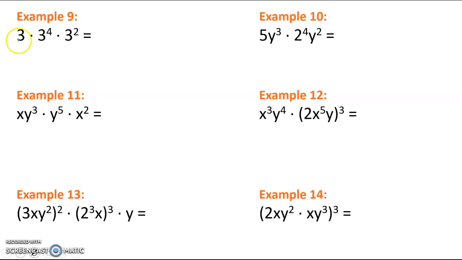So example number 9, I got 3 times 3 to the 4 times 3 to the 2nd. Well, again, I am basically just multiplying these bases here. I don't see any parentheses, so all I need to do is add these exponents here. I'm going to keep the base the same as 3, and I'm just going to add the exponents.